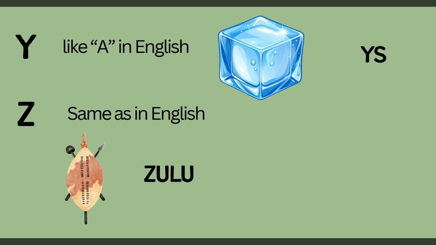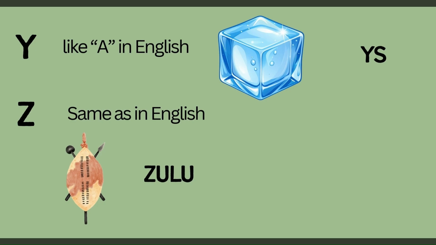So Y in Afrikaans we say the same as the letter A? So not the phonic A, which we say A, but the actual letter A. A. So the example, we have ice, which in Afrikaans is called ice.